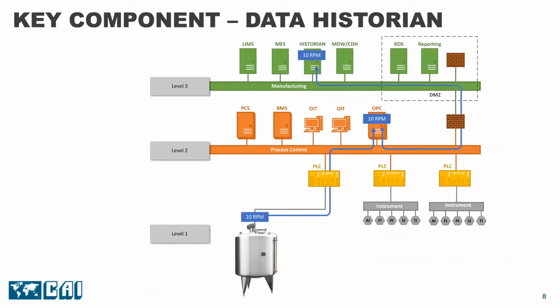Now, on to the key components of our data infrastructure. The first component, and probably one of the most essential components of our entire infrastructure, is our process data historian. Although some folks do, I can't imagine operating a manufacturing facility without a data historian.